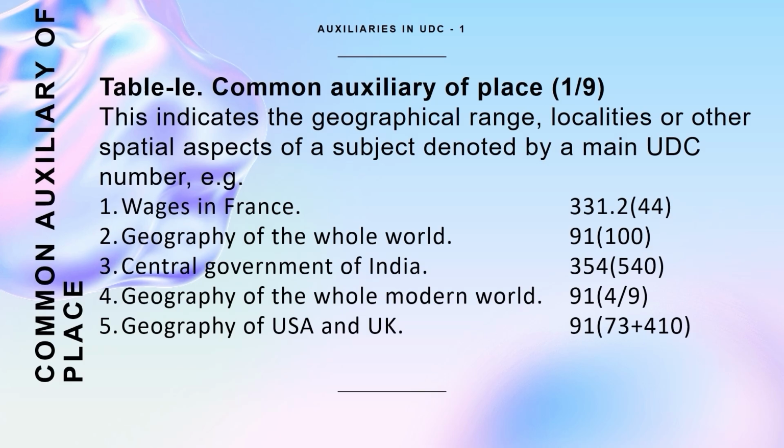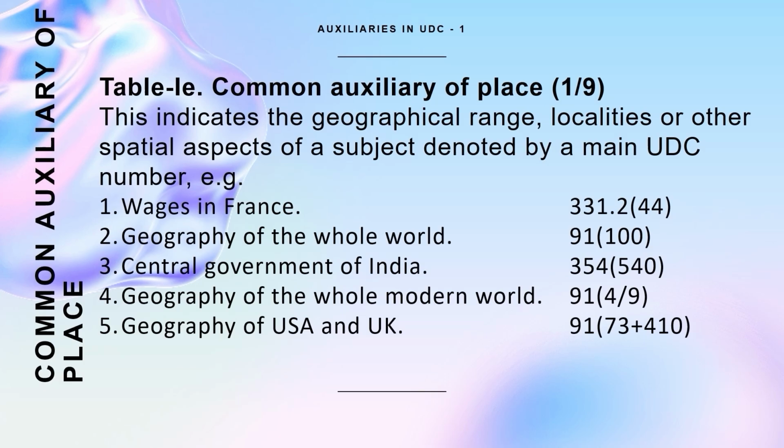If it is the geography of the whole world, then the class number will be 91 for geography, and whole world is (100). Next example, the central government of India: the class number will be 354 for central government, and India comes from the common auxiliary of place, that is (540).